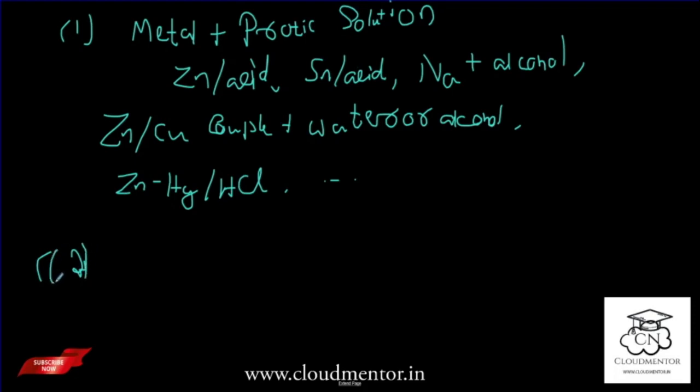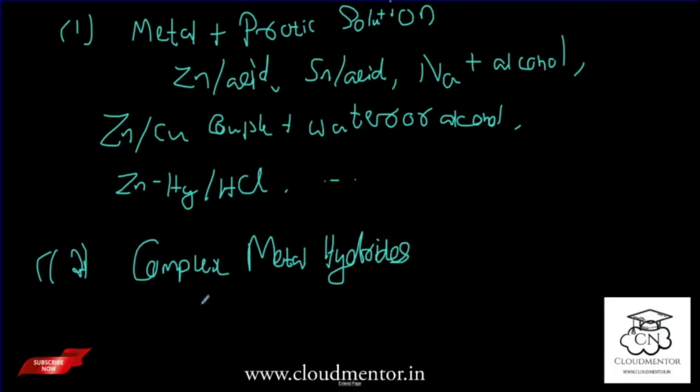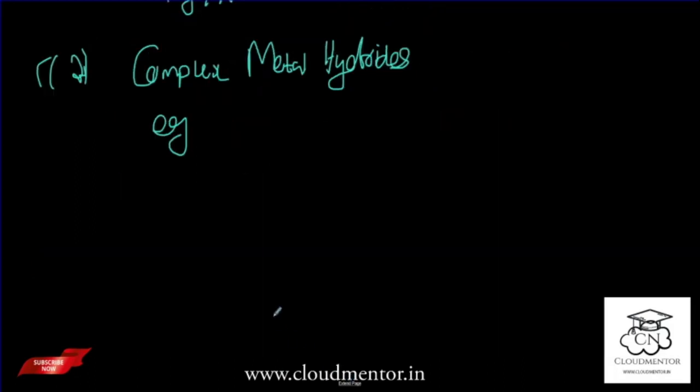Now the next source is complex metal hydrides. For example, lithium aluminum hydride is a complex hydride, and sodium aluminum hydride.